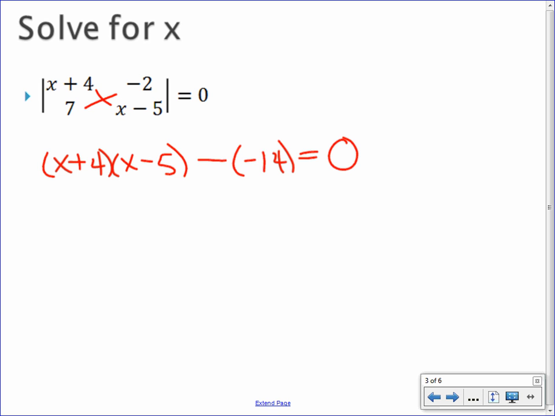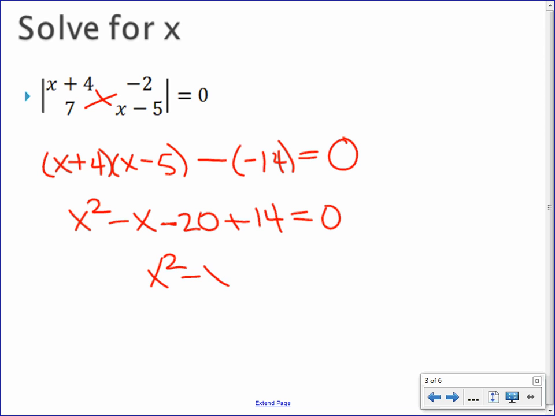We have a quadratic, and it's already set equal to 0, which is nice, but we're going to have to multiply this out so we can combine the 14. So we have x squared minus x minus 6.